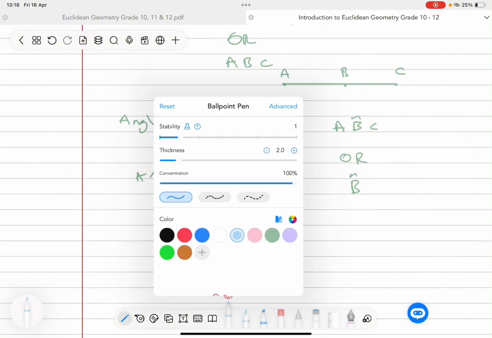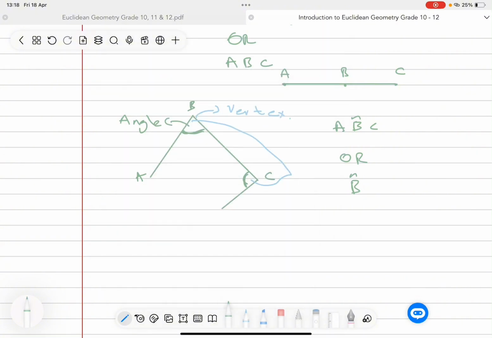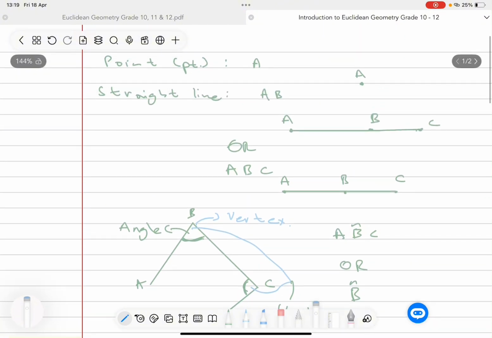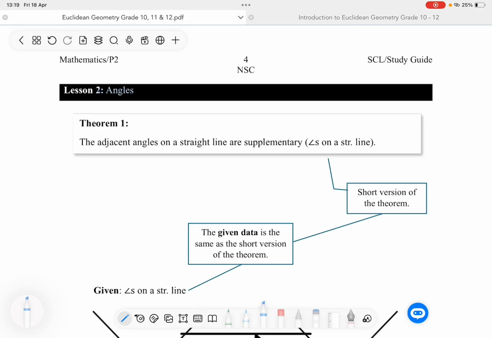We will call them vertices. That just means that we have more than one vertex. It is very important to understand this because when we look at our theorems, it will be elements that come up in our theorems. Now, theorem 1 says that the adjacent angles on a straight line are supplementary.